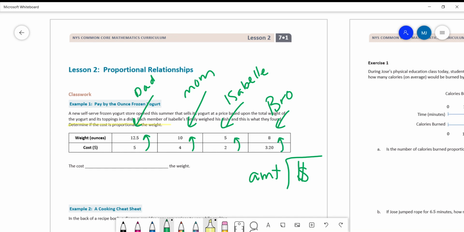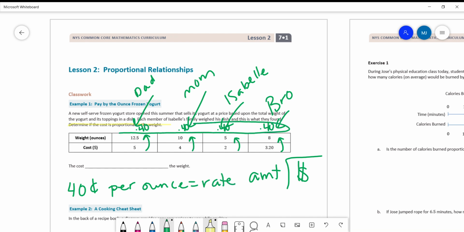When we do this for all values in the table, we'll get that each one of these is 40 cents per ounce. That's our rate. We can see that the rate is the same. Every single one of these is 40 cents per ounce.